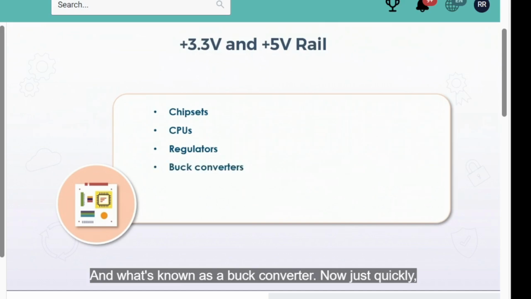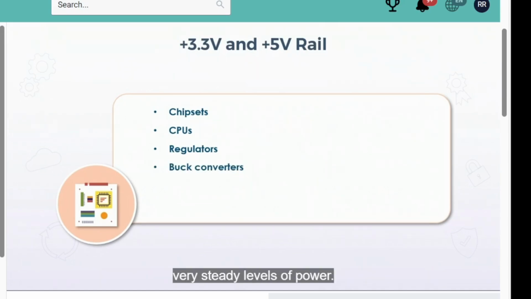Now, just quickly, a regulator might also be referred to as a linear regulator, which is simply used for any type of component that needs very steady levels of power. Buck converters are, in fact, types of regulators, but they implement a more efficient mechanism.